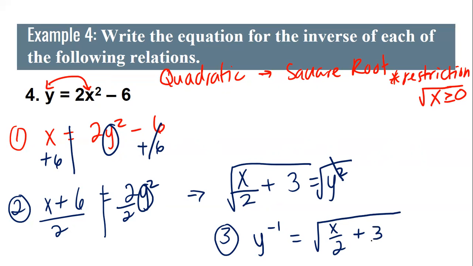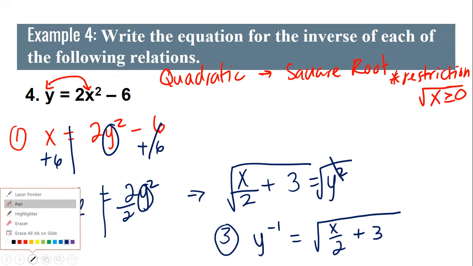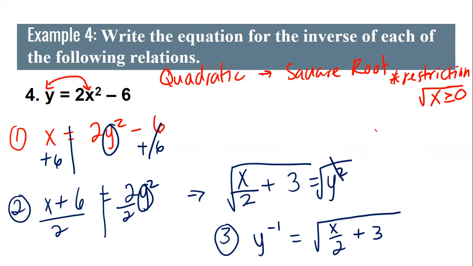But what has to happen with this here? That whole thing has to be greater than or equal to 0. So we have to establish what our restriction is. So x divided by 2 plus 3 has to be greater than or equal to 0. And we will subtract 3.